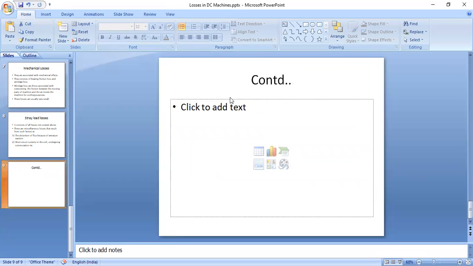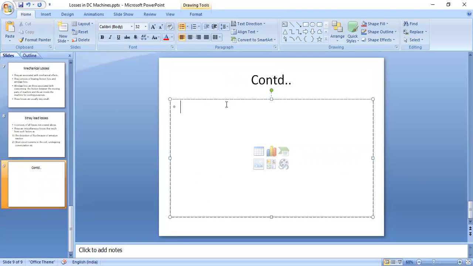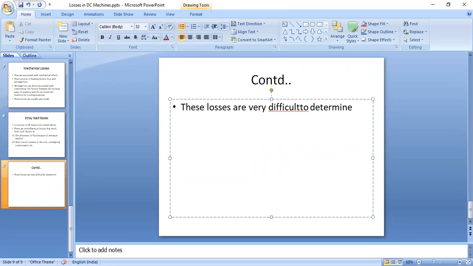As a description, these losses are very difficult to determine. Normally we cannot determine them.